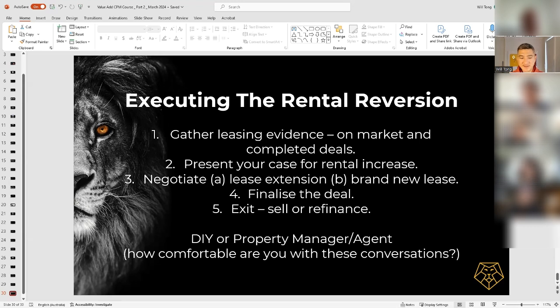Then there's an argument that it's still within market range, because of a lack of supply, we're able to get 220. Now, if the brand new stock is leasing for 250 and you've signed a lease for 260, then clearly you've exceeded the market range, and that's a really easy one to pick up.